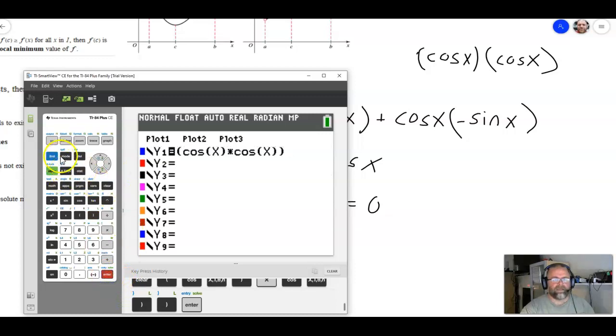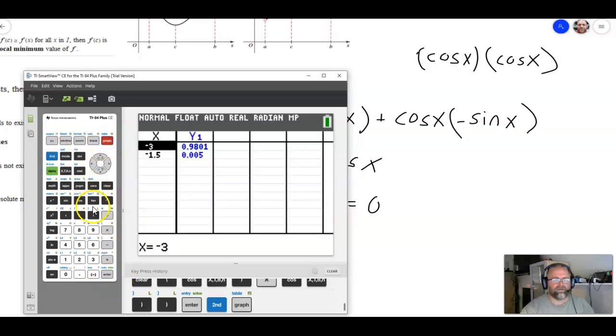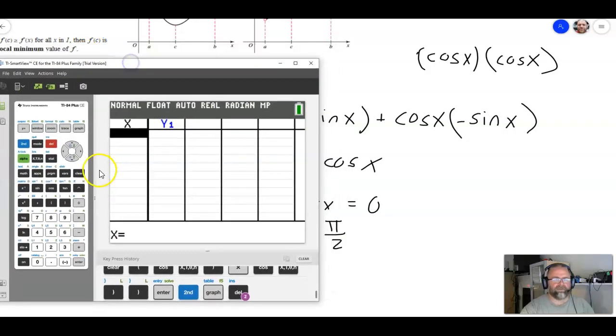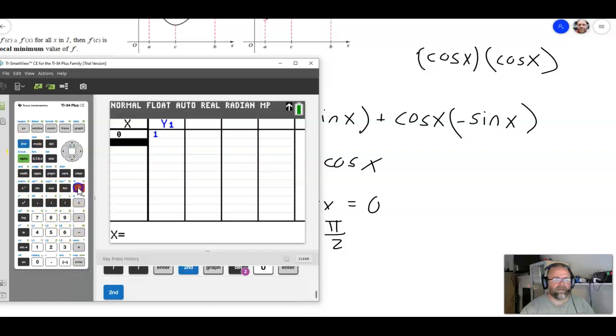And let's go ahead and check our table here. So delete these out. And we just have to check 0, pi, and pi over 2. So 0, pi, so second pi, and pi over 2. Second pi divided by 2.